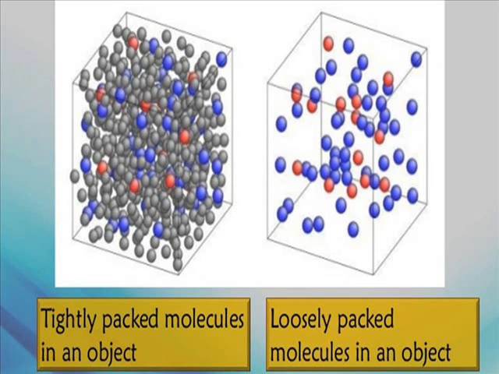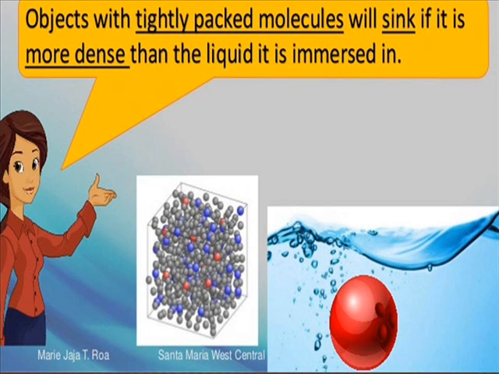From this illustration, on your right are tightly packed molecules in an object, and on the left are loosely packed molecules in an object. This is an example of a bowling ball with tightly packed molecules.